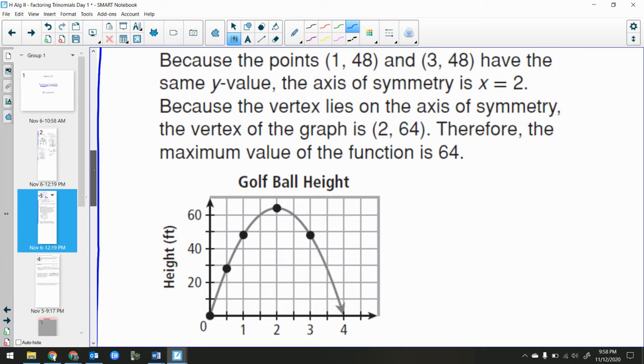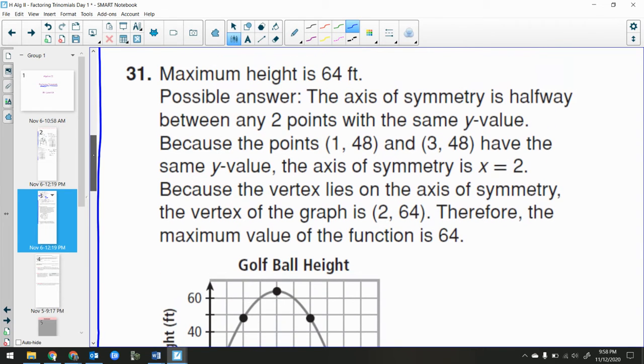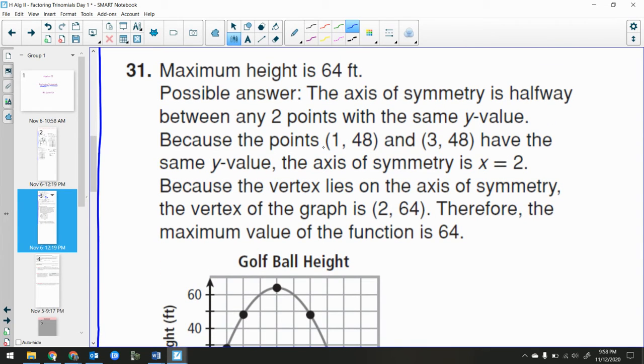This one is kind of interesting here because, for the axis of symmetry, you need to have two values with the same y value to figure out what the axis of symmetry is. And so since I know this is at 1, 48 and 3, 48, I know that those two have the same y value, and any 2 points with the same y value are equidistant to the line of reflection.